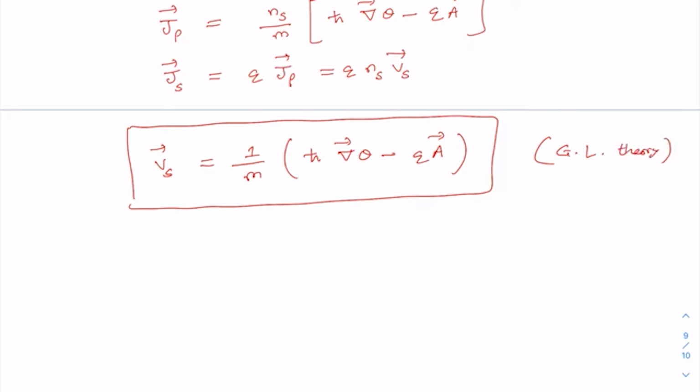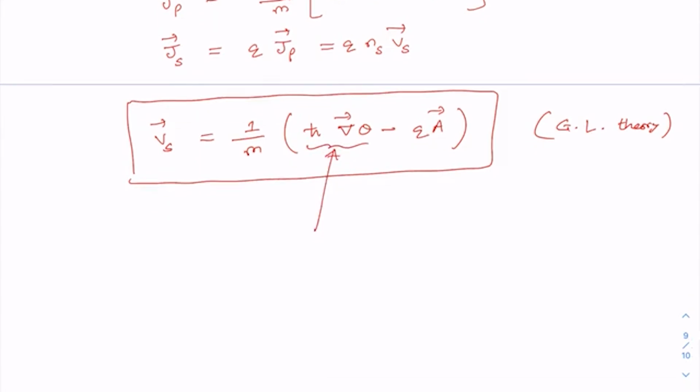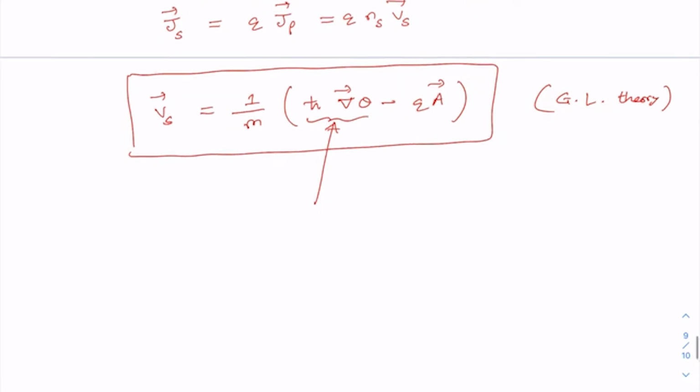What it says is that this particular expression here, we can interpret as the canonical momentum. So the phase of the superconducting electrons, or the Cooper pairs, basically gives us a momentum, and this is an important quantity, and we'll see its role in flux quantization now.